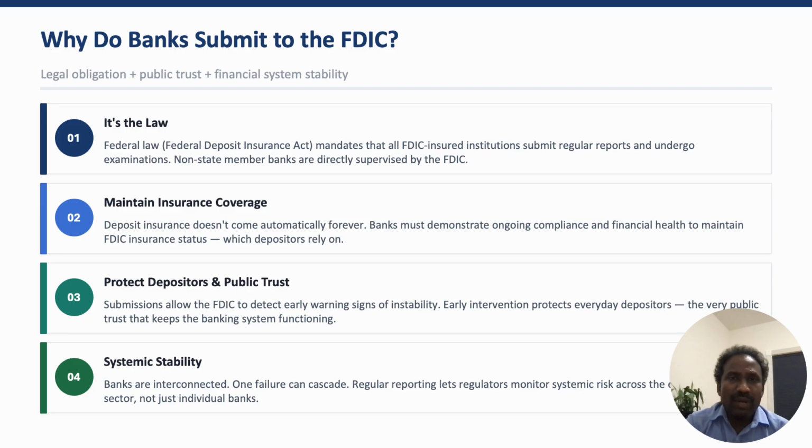Why does the bank have to submit to the FDIC? What is the purpose? It's compulsory, it's a federal government law, and you have to submit. It mandates that all FDIC institutions report information to the FDIC to be examined.